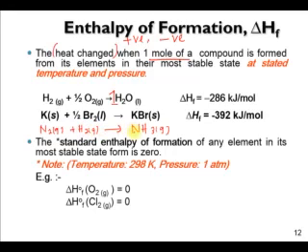So we need to let NH3 be 1 mole, so the stoichiometric coefficient for nitrogen gas is 1/2, hydrogen gas 3/2. So the enthalpy of formation of ammonia is negative 46.1 kilojoule per mole.